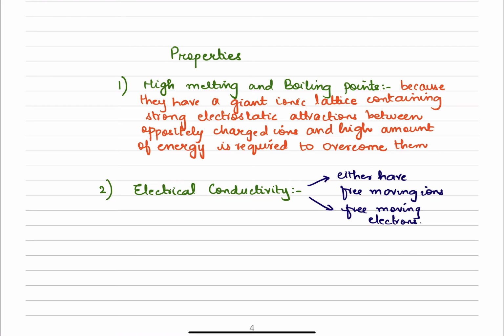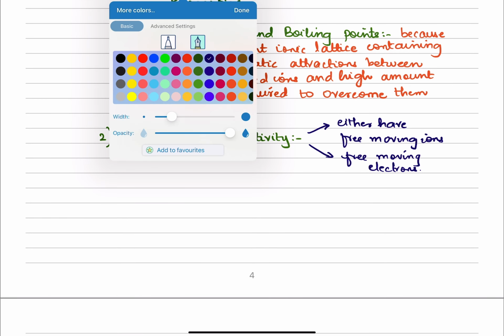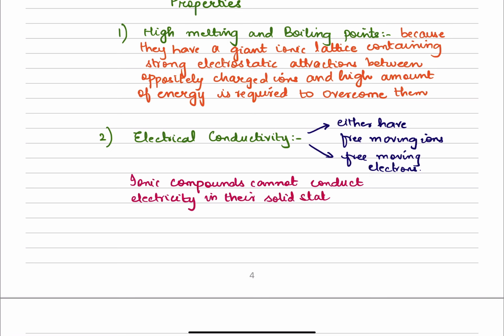Ionic compounds obviously do not have free moving electrons, and they also do not have free moving ions. Hence, ionic compounds cannot conduct electricity in their solid state. Why can they not conduct electricity in their solid state? Because they don't have any free moving ions or electrons.